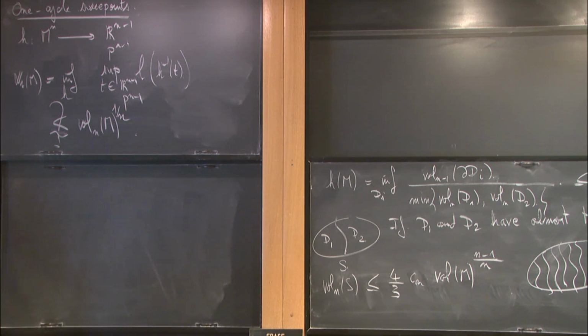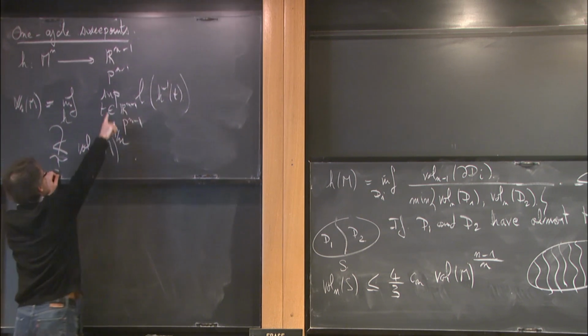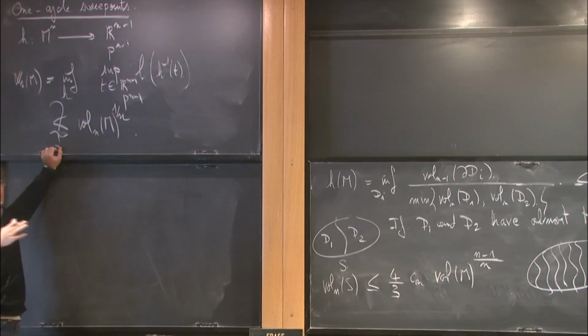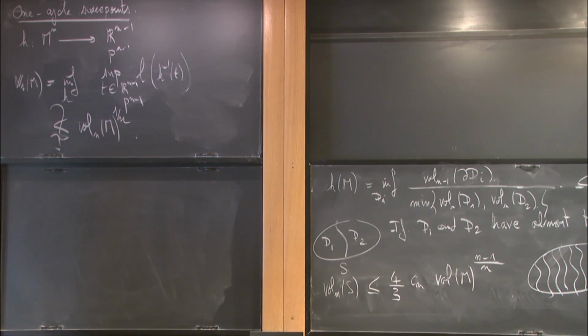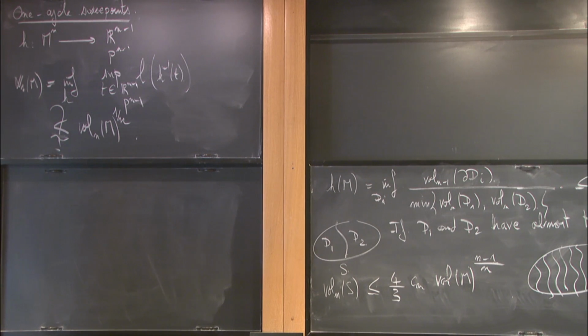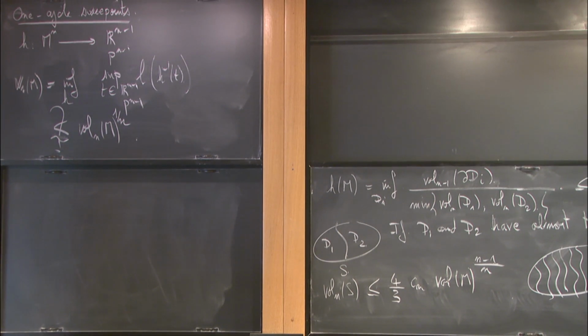Okay, so I don't know the answer. I have no idea. I mean, the problem is that with hypersurfaces, you could decompose the manifold into two parts. Here, looking at an (n-1)-parameter family of one-cycles, it's too many parameters, and I really just don't know the answer to that question.